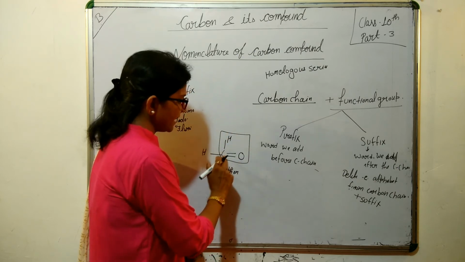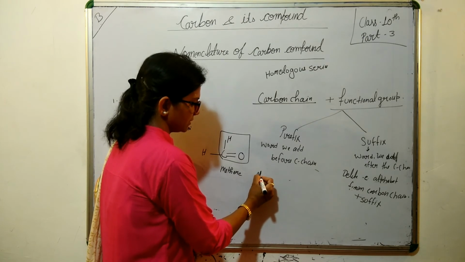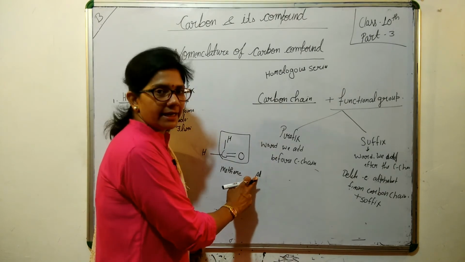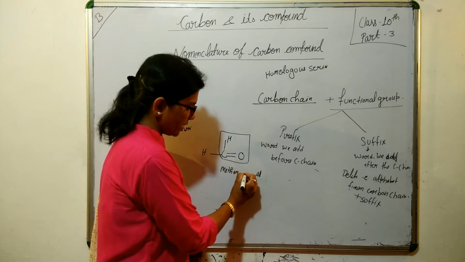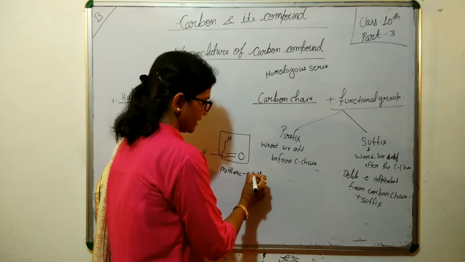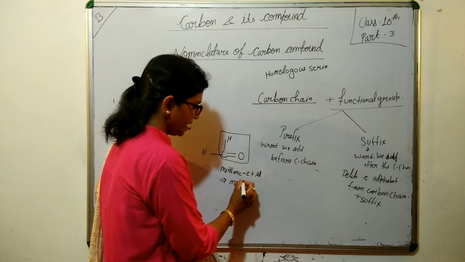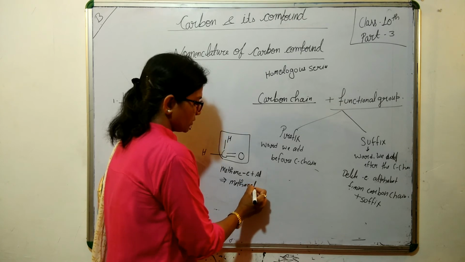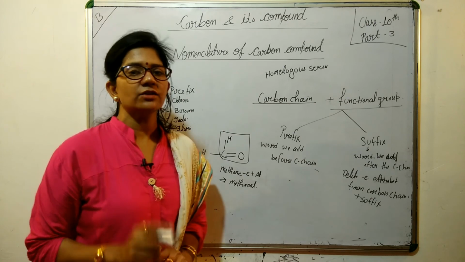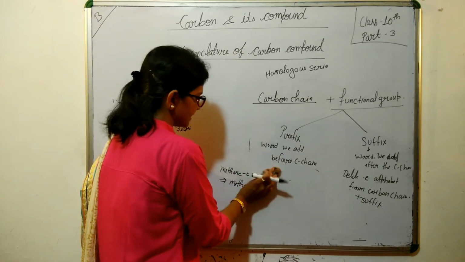And it is an aldehyde group, so it is al, and it starts with the vowel A. So what we have to do, we have to delete E and then add al, and we will get methanal. So you can see that this carbon we are including in the carbon chain.